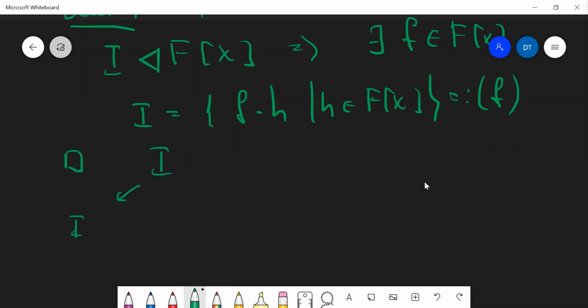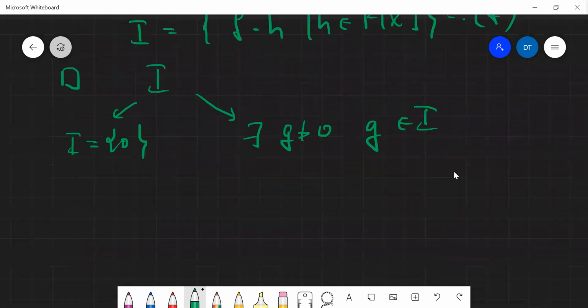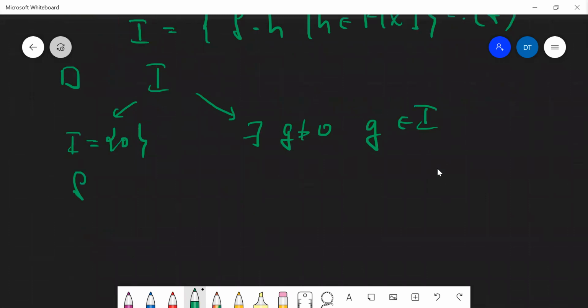The case number one, the ideal contains only the zero polynomial, and the case number two, there is a non-zero polynomial inside I. If we have the case number one, then we can take F to be zero, and then clearly 0 times everything is just 0.